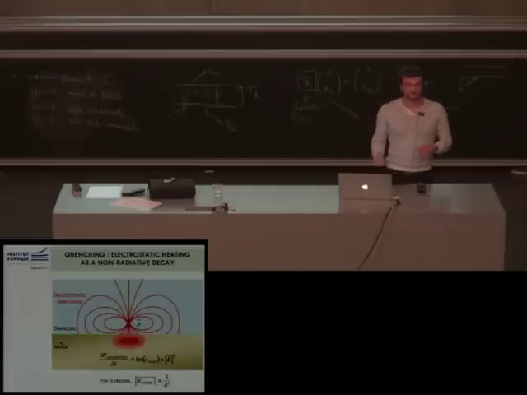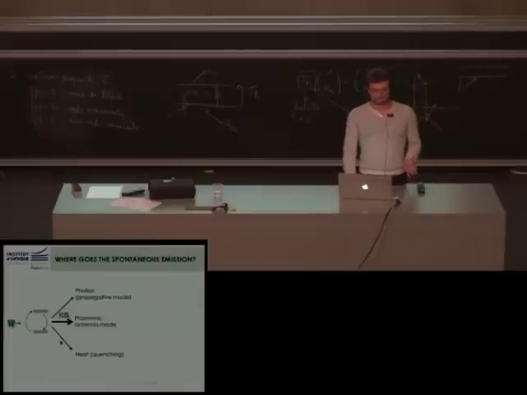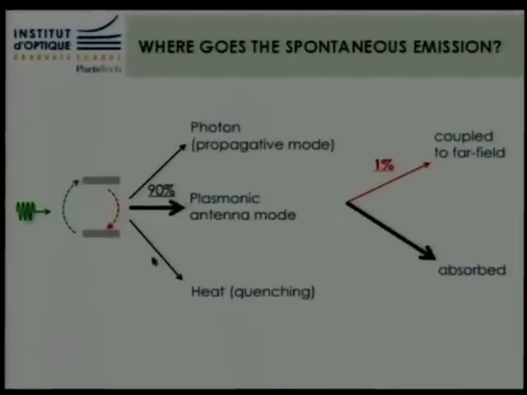By putting the dipole 15 nanometers away from the interface, we're avoiding quenching and then it only couples to plasmonic modes. So 90% of the decay goes to plasmonic modes, but only 1% will couple efficiently to the far field.